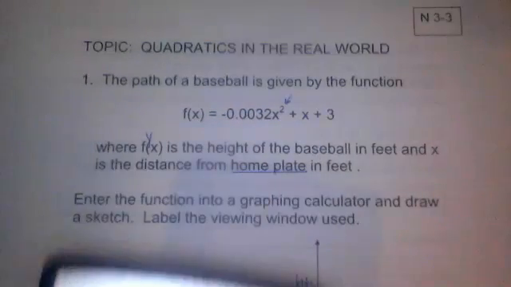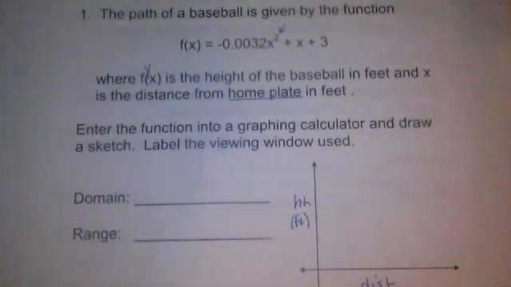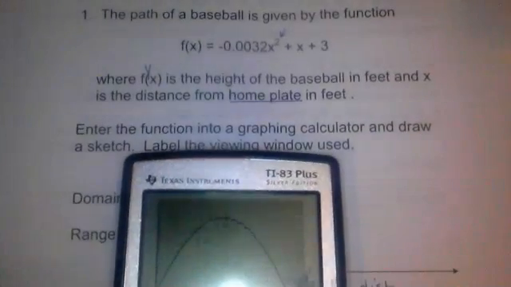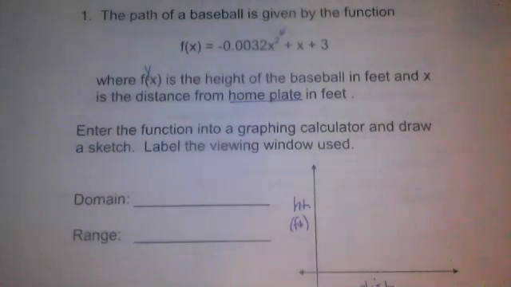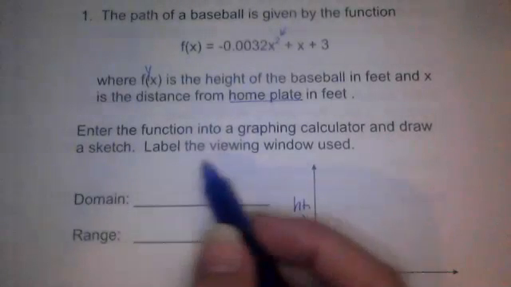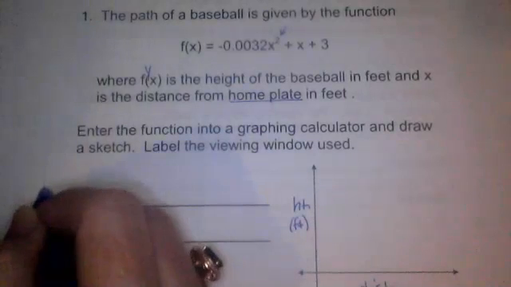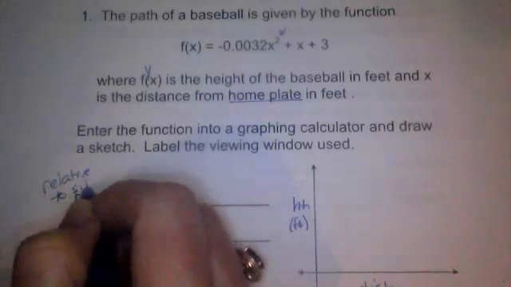So our domain here, we set from, let's flip back over here, -1 to 350 as our window. And our domain relative to this graph, we're going to do this relative to the situation.